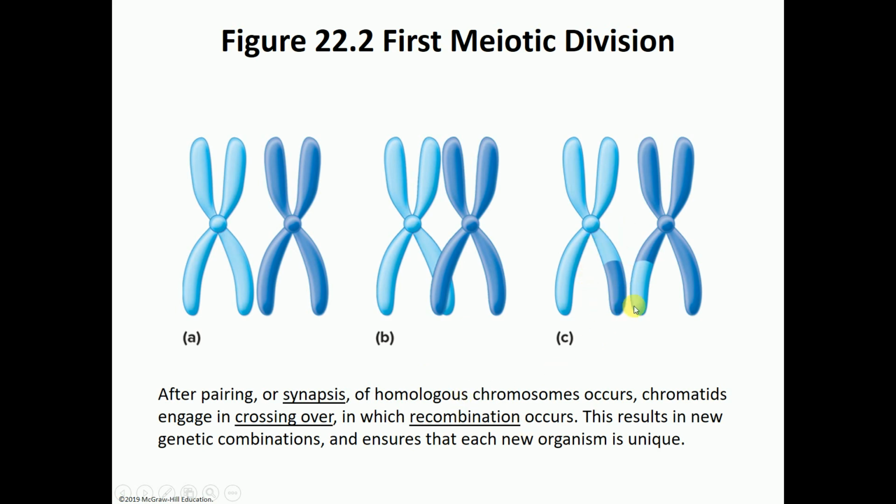In recombination, you will see that part of the genetic material is exchanged between the chromatids. So you see here this one chromosome that used to be all light blue and this one that is all dark blue. You see that part of the genetic material was exchanged. And that again would produce gametes that are unique and are not carbon copies of the parents.